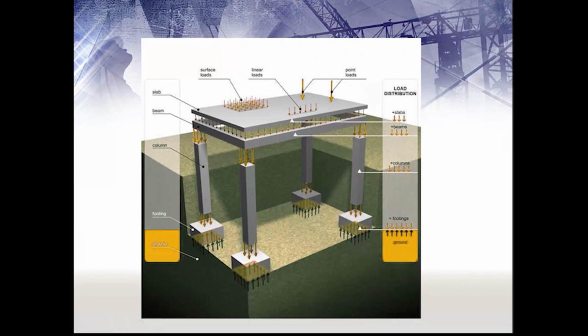The beam in turn transfers the load to the column, and the column transfers the load to the foundation. The foundation again transfers the load to the supporting ground, which can be the soil, but the soil must be strong enough to resist the load coming from the upper structure. That's why we do some experiments on the soil to find the bearing capacity of the soil before starting any type of construction.